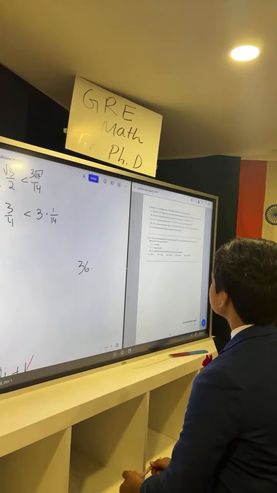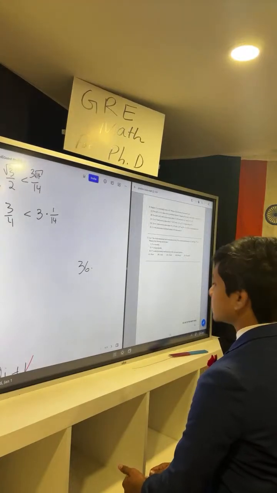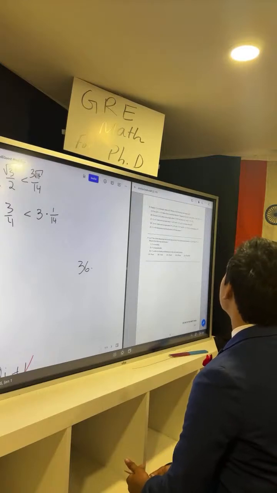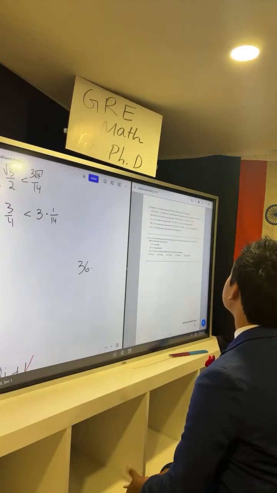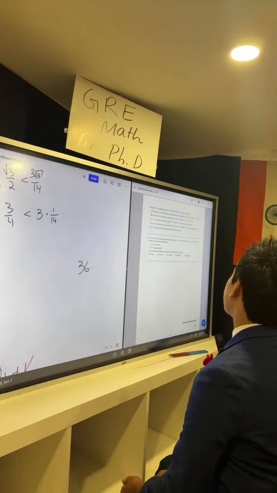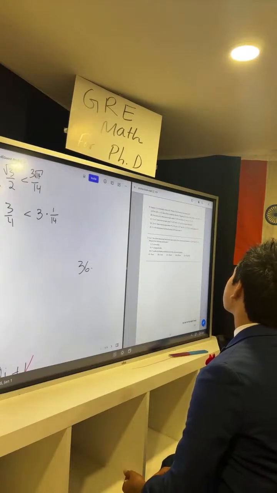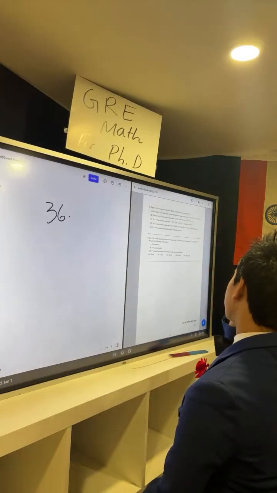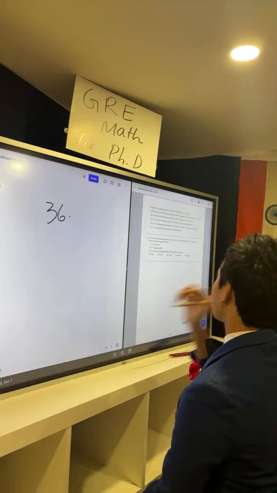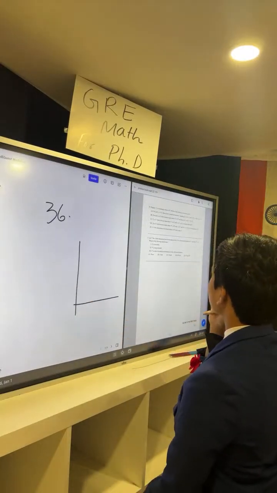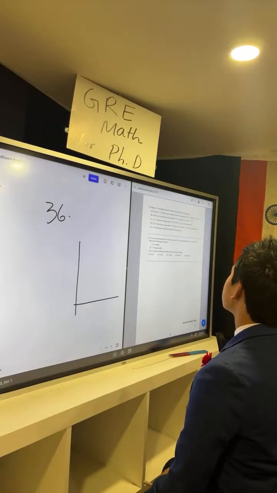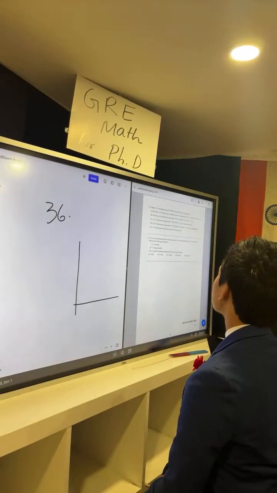A. For each S and T in S, there exists a continuous function f mapping 0, 1 into S. The f of 0 is S and f of 1 is T. Okay, let me think about that. For each S and T in S, there exists a continuous.